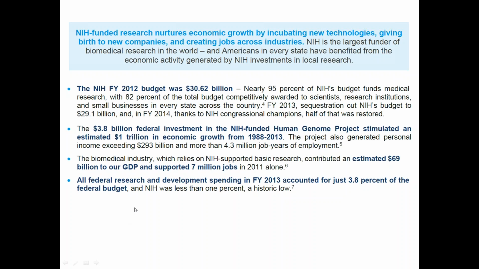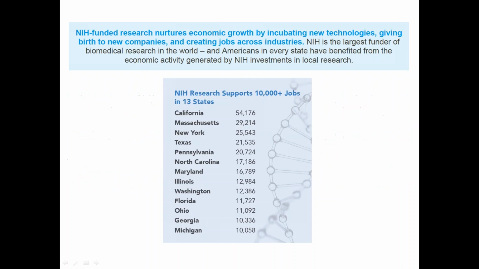It's important for everyone to realize that you live in a state, and I don't know who's on the call or where you're living, but I know Lynn lives in California. There are currently 54,000 jobs that depend entirely on this one tiny fraction of the federal budget, which is NIH.